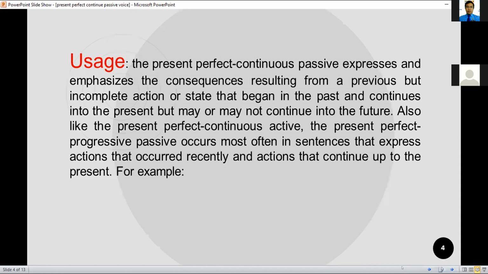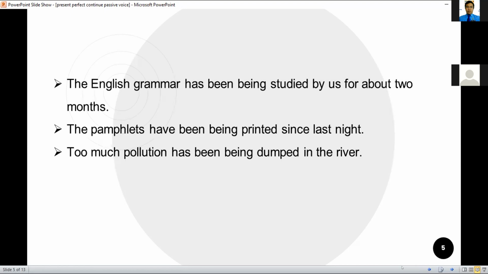Let's look at the examples. The English grammar has been being studied by us for about 2 months. The pamphlets have been being printed since last night. And the last example, toxic pollution has been being dumped in the river.